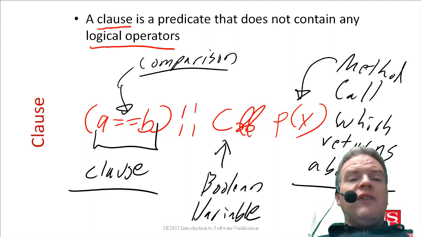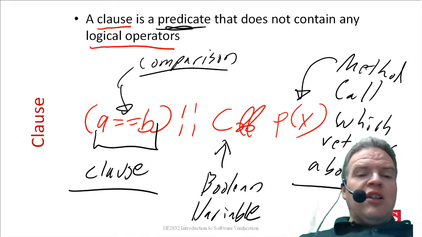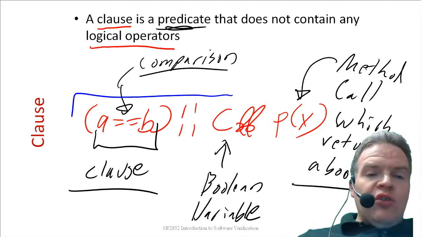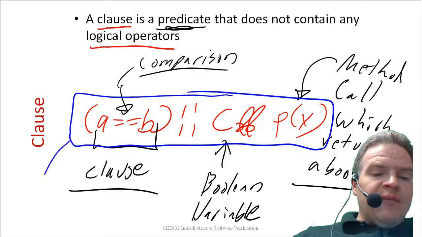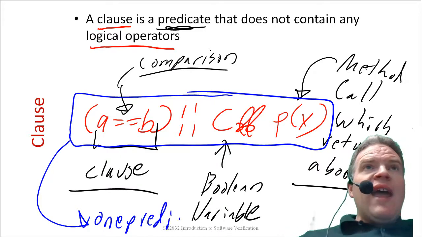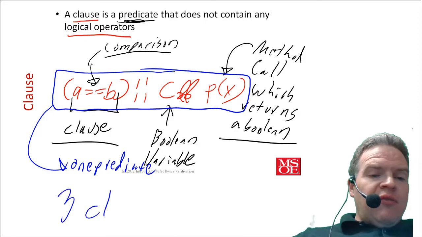So clauses essentially, again, are a predicate without any logical operators. This whole thing is essentially one predicate, but what we have on this essentially here are three clauses.